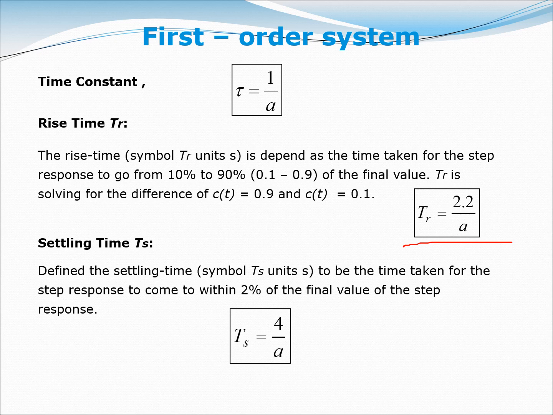Next is the settling time, Ts, defined as the time taken for the step response to come within 2% of its final value. Another formula you can use is Ts equals 4 over a.